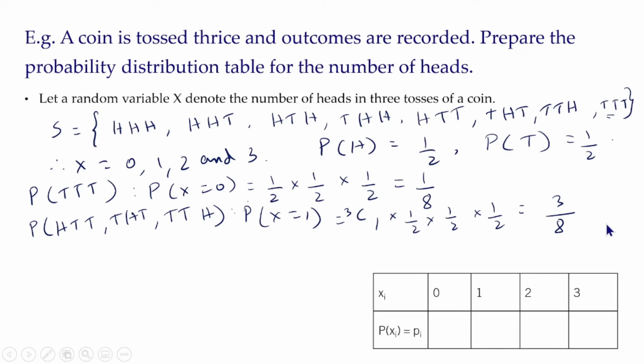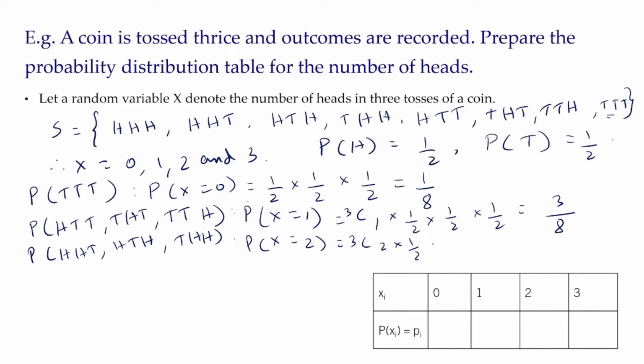Now the next one is P(x=2). We will get x equal to 2 in these situations: HHT, HTH and THH. In these cases, P(x=2) is given by 3C2 into half into half into half, which is equal to 3 by 8.